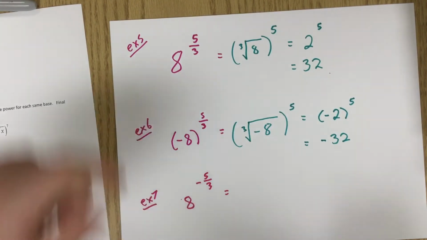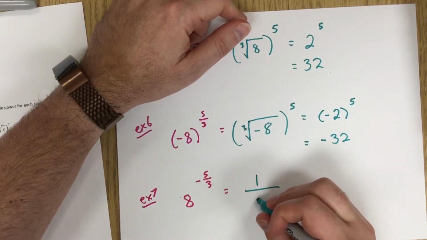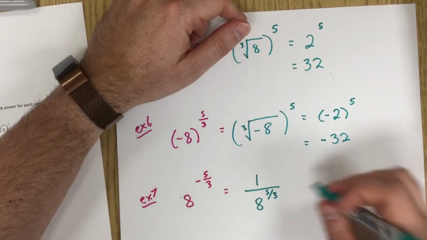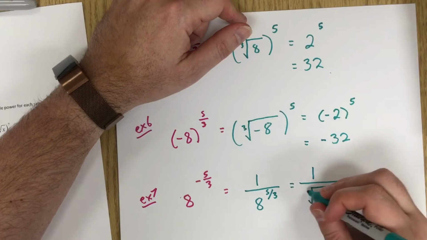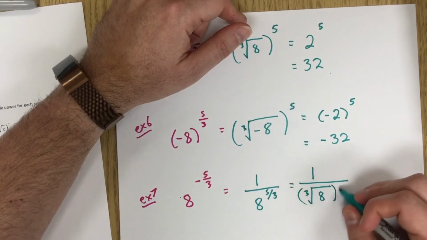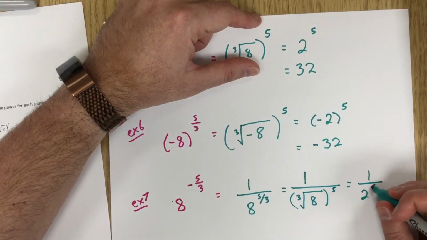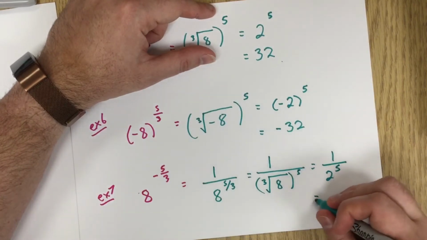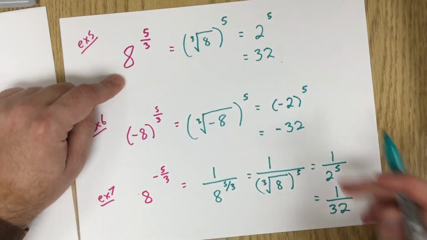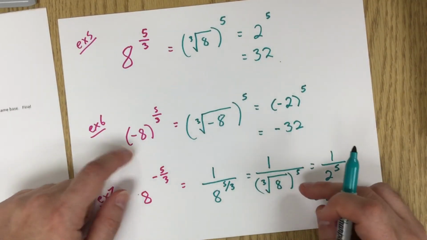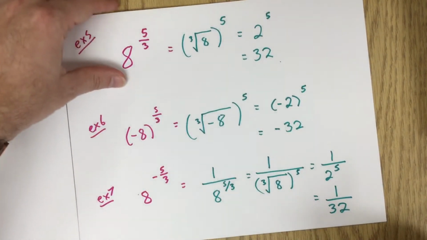So that's going to be equal to 1 over 8 to the positive 5/3, which is going to be equal to 1 over the cube root of 8 to the 5, which we all know now is 1 over 2 to the 5, which is 1 over 32. So notice, 8 to the 5 over 3 is 32. Negative 8 to the 5 over 3 is negative 32. 8 to the negative 5 over 3 is a fraction, 1 over 32.